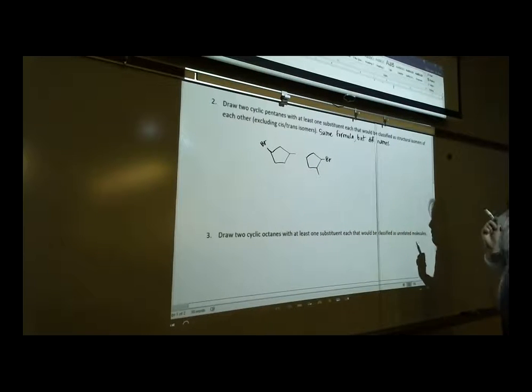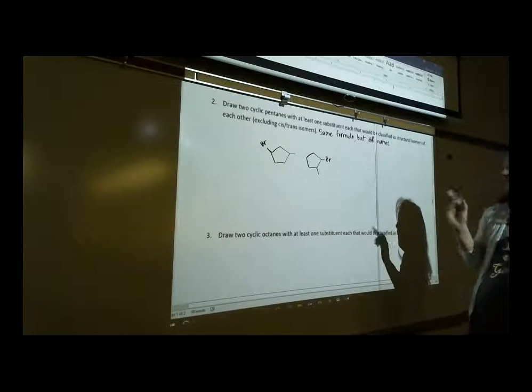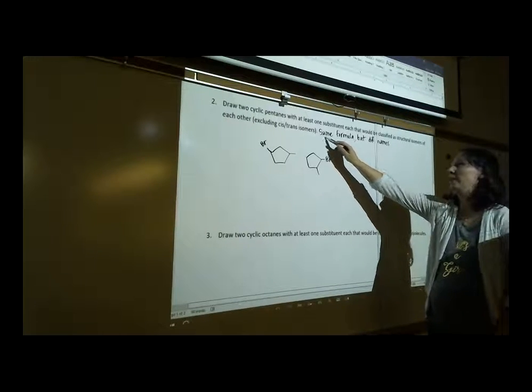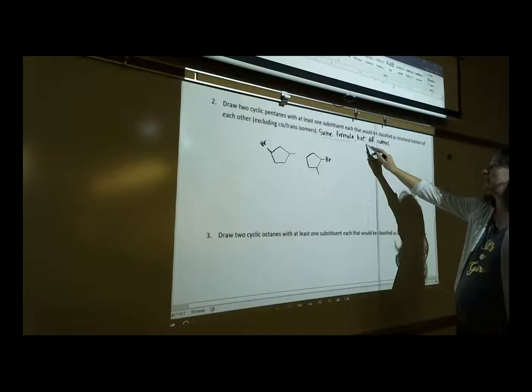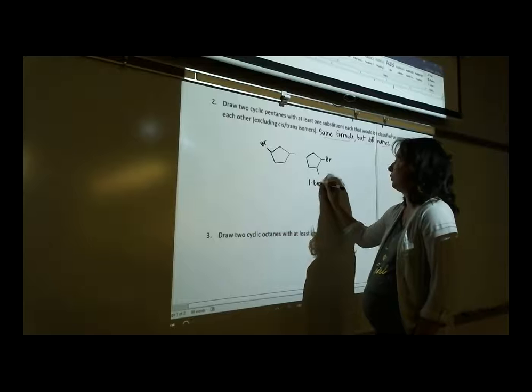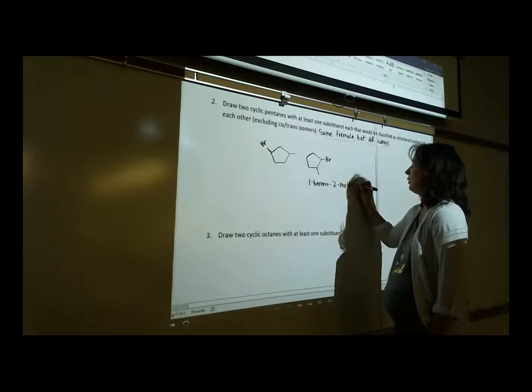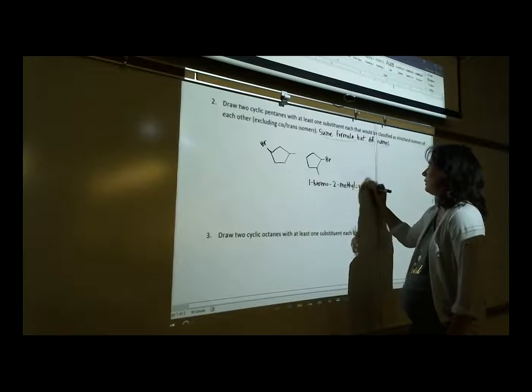So you can make these as difficult or as easy as you want, right? As long as you follow the rule that they must have the same formula and different names. This one would be 1-bromo-2-methylcyclopentane.